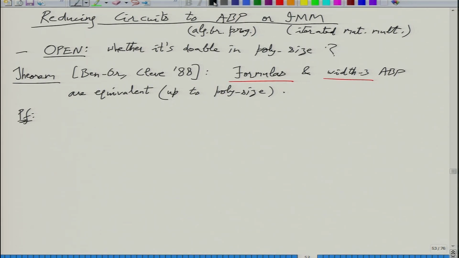In those days, I think the motivation for them to do this was: suppose in your computer you have only 3 registers. So 3 registers means that there is some information, let's say in registers R1 and R2, and using that you can compute something and store it in R3. Your memory is restricted to only 3 registers. So using 3 registers, what kind of polynomials can you compute?